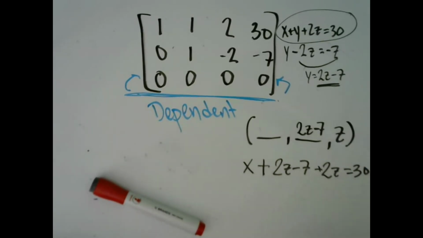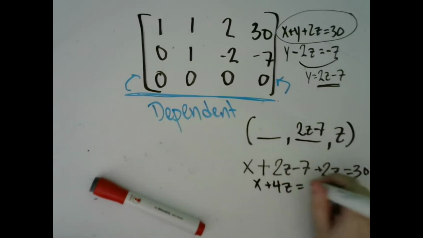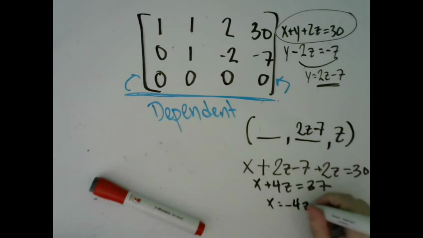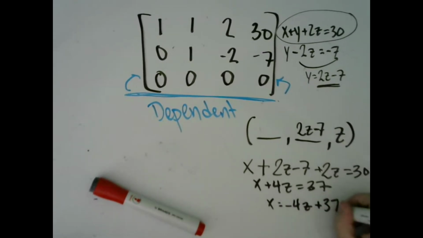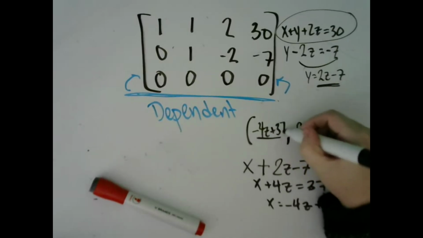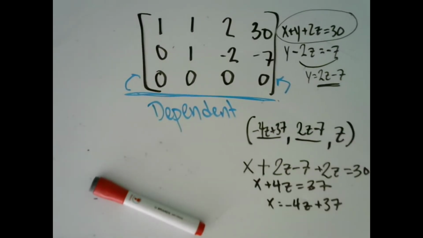And add 7 to the other side. x plus 4z equals 37. So x is equal to negative 4z plus 37. And this is how we write our answer to a dependent system. We keep an ordered pair or an ordered triplet in terms of the third variable.